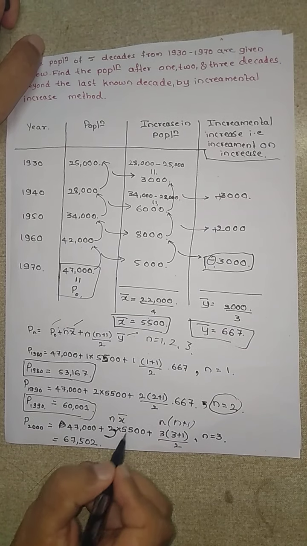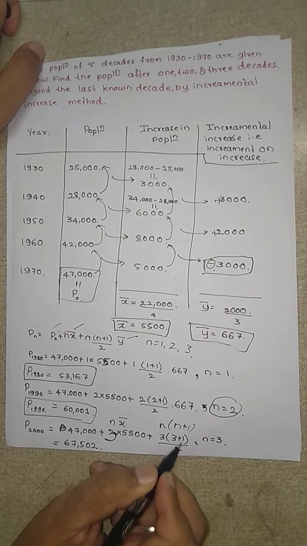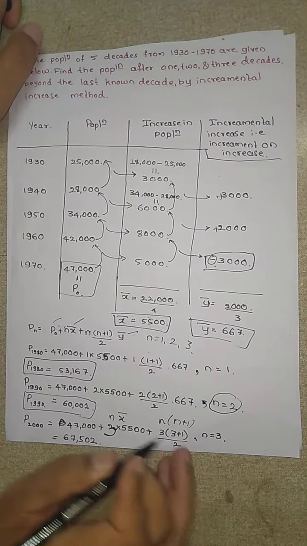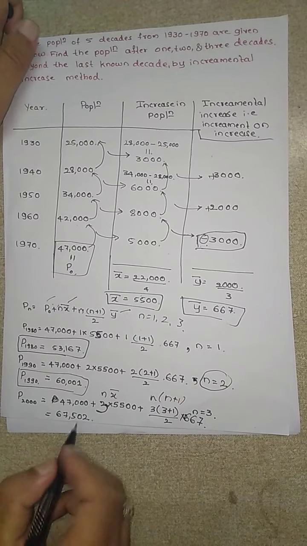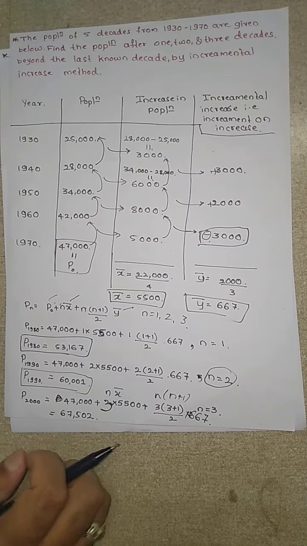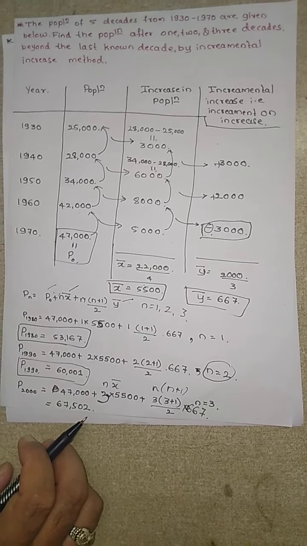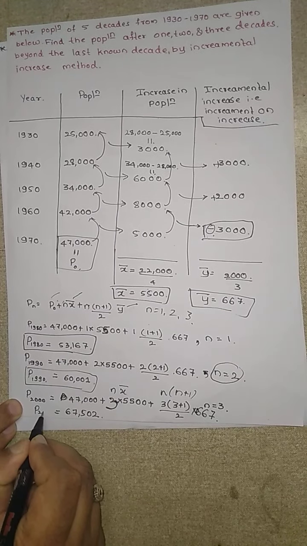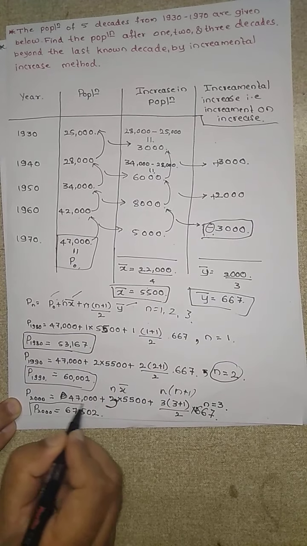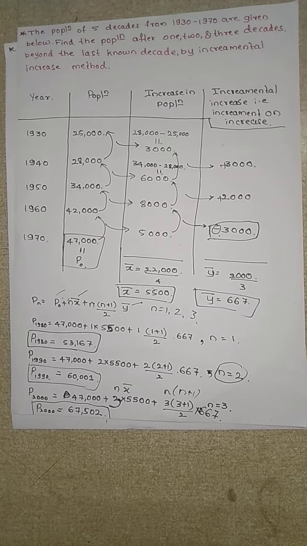So N is 3, X bar is 5500, N into N plus 1 divided by 2, multiplied by 667. Here you will get an answer of 67,502. So this is your population at 2000.